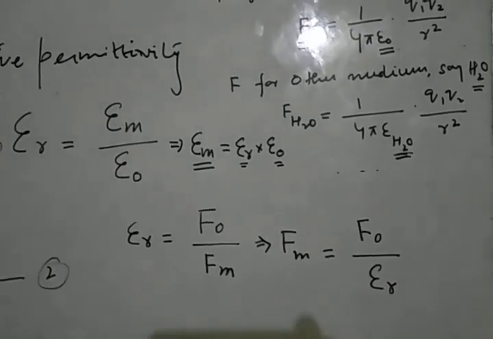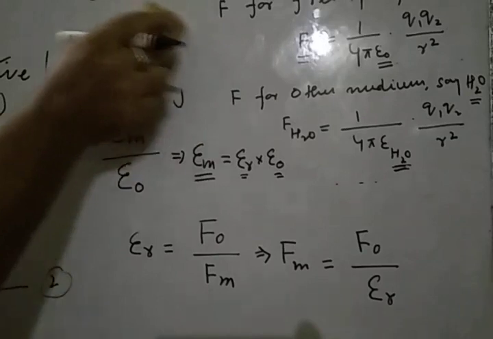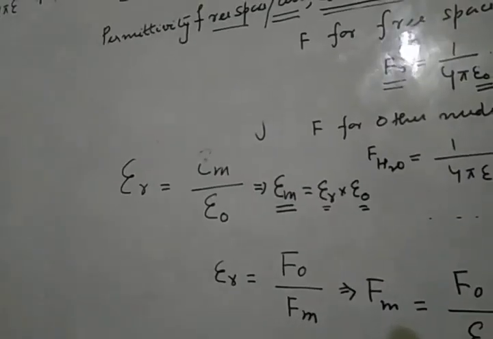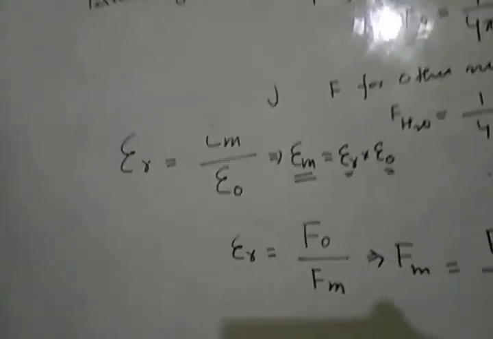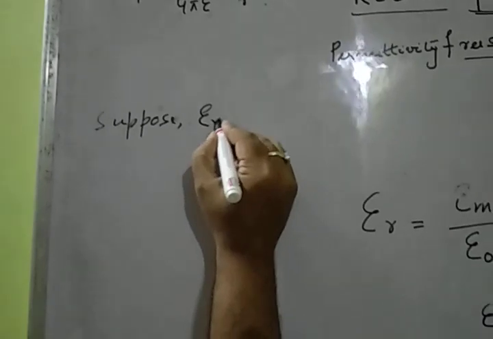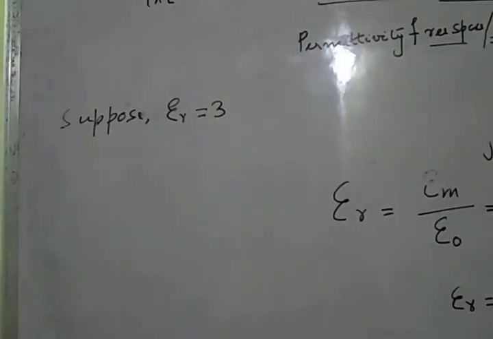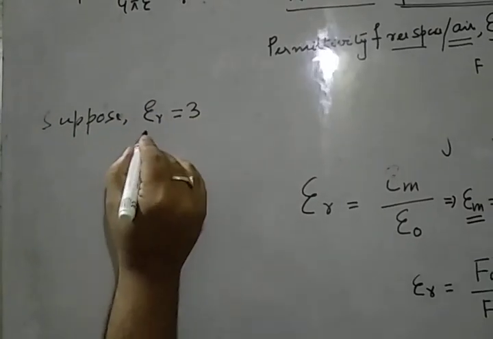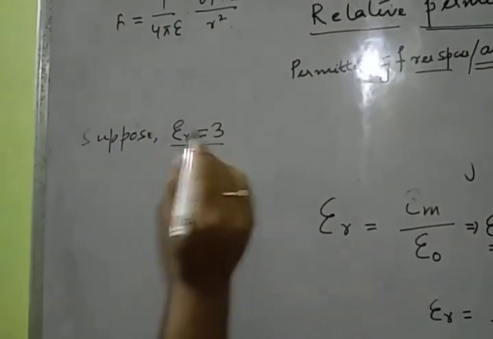Now there is a very interesting formula. Suppose there is a medium where relative permittivity is 3.